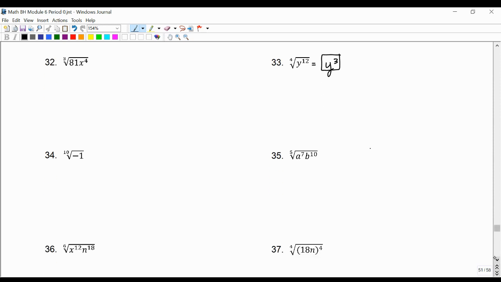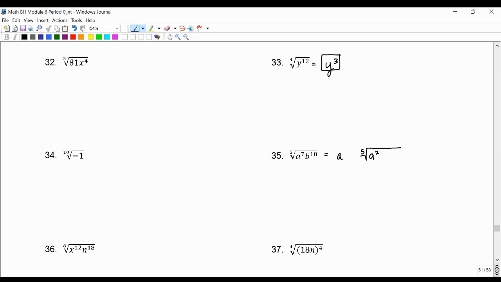If you have leftovers, then your leftovers or remainders just get put back inside as the radicand. So 5 goes into 7 one time, so 1 a will come out. Our remainder is 2, so a squared's left. That makes sense because there are 5 a's being multiplied in here, and then 2 left over.